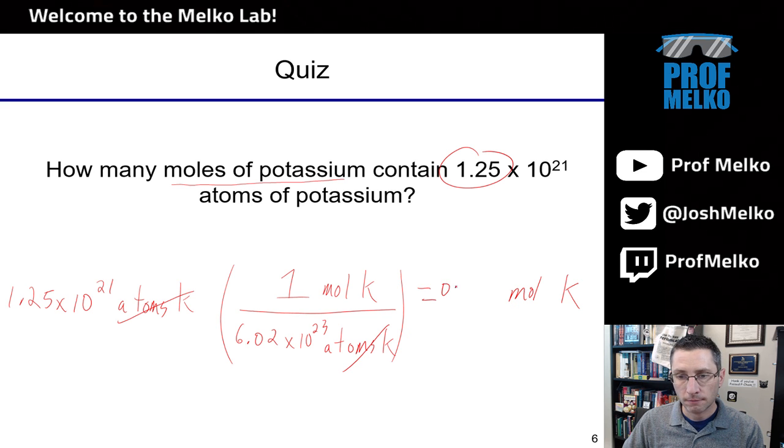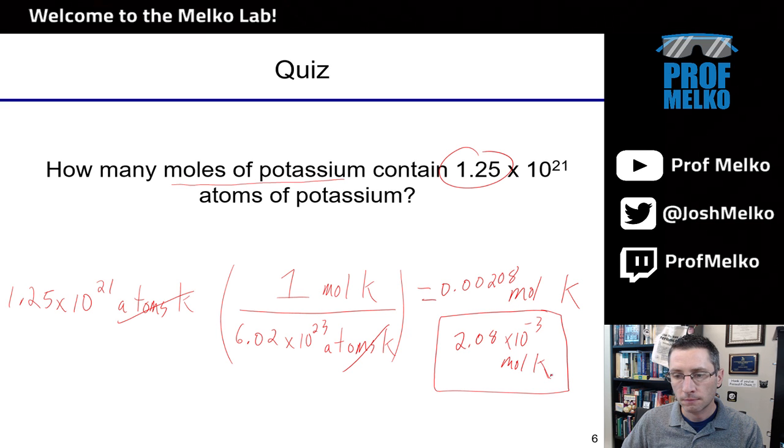I get 0.00208 moles of potassium, or 2.08 times 10 to the negative 3 moles of potassium, corresponds to 1.25 times 10 to the 21 atoms of potassium. Again, kind of a small number, but not something that's 10 to the negative 50 or 10 to the positive 30.